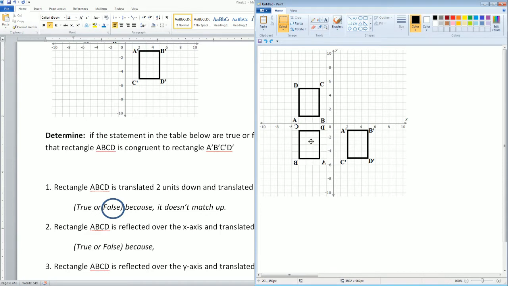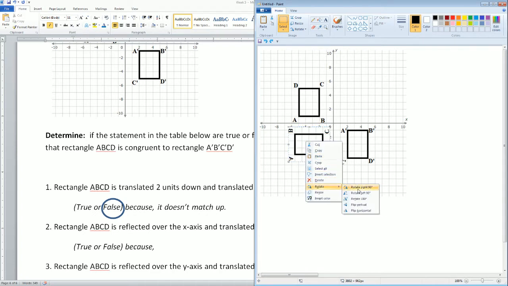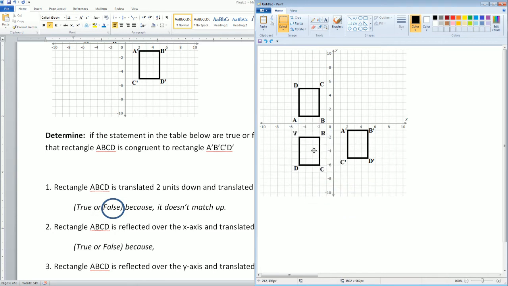Hold on. So after it reflects, it should look something like this. Then it's going to go 7 units to the right. 1, 2, 3, 4, 5, 6, 7.